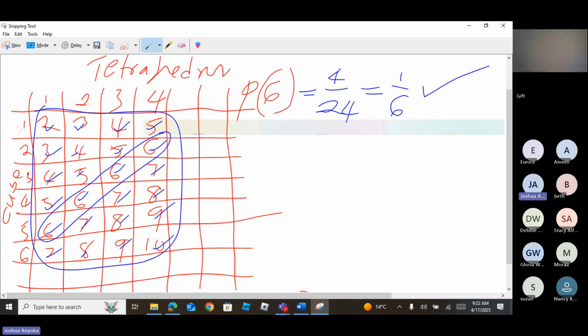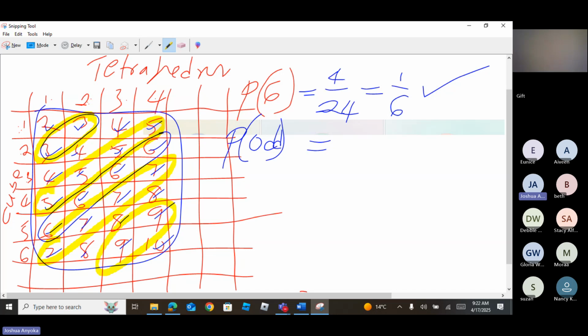Now, what is the next question, Eunice? The sum is an odd number. Probability of getting an odd number. The sum is odd. Odd, we have 3, which are a 2. Odd, remember we have 5. Another odd number we have 7. Another odd number we have 9.